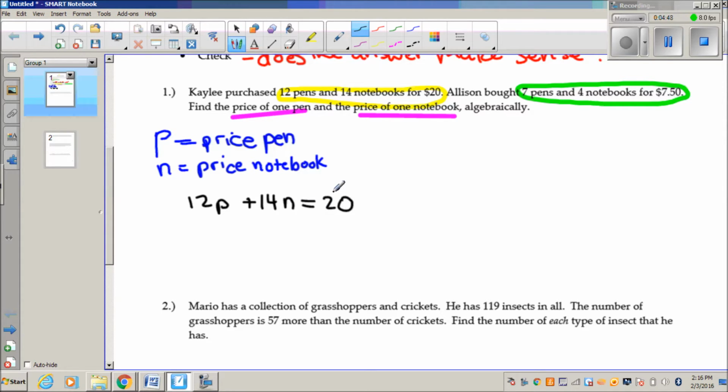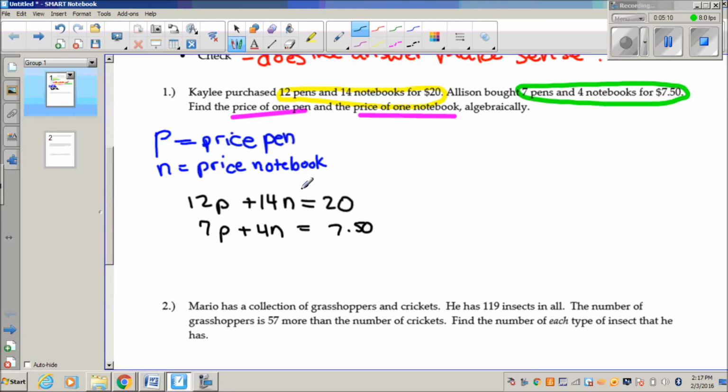Now my second equation is about Allison. Allison bought 7 pens and 4 notebooks. So 7 P plus 4 N equals $7.50. Okay, so now I have two variables and two equations.